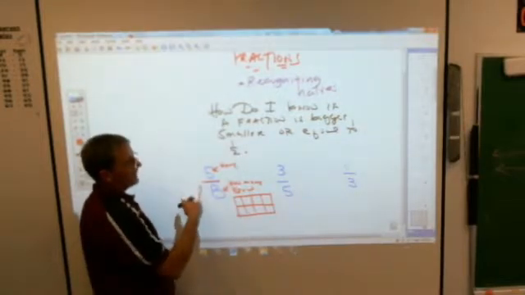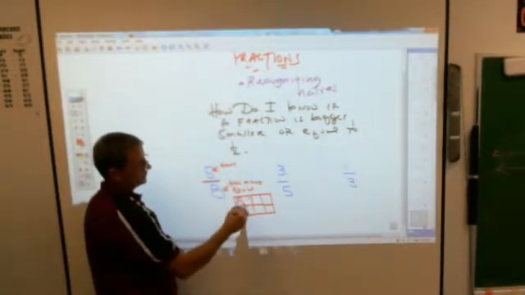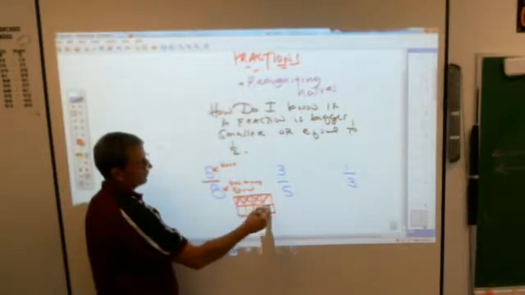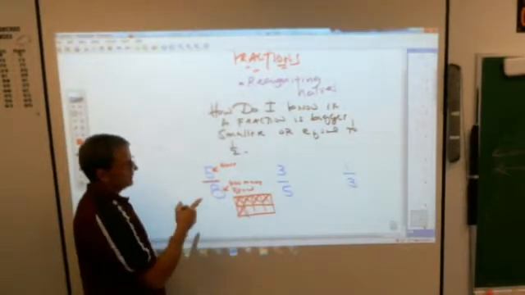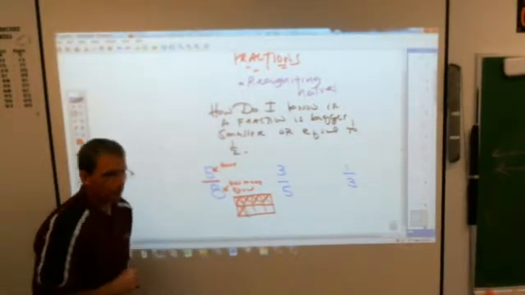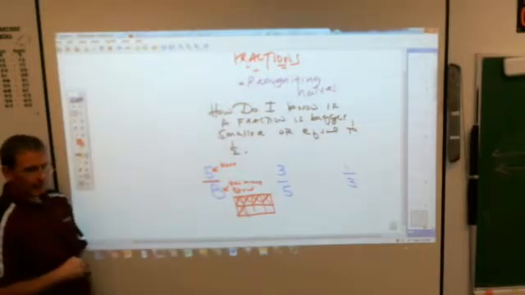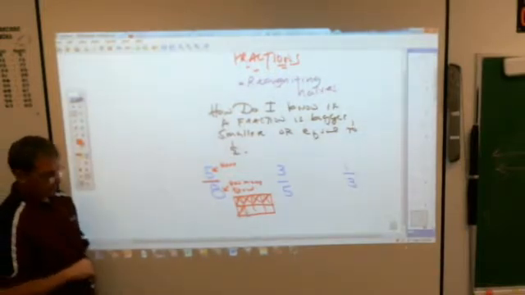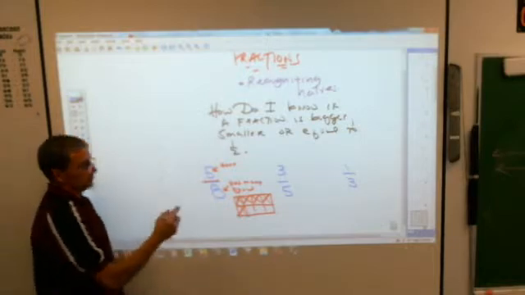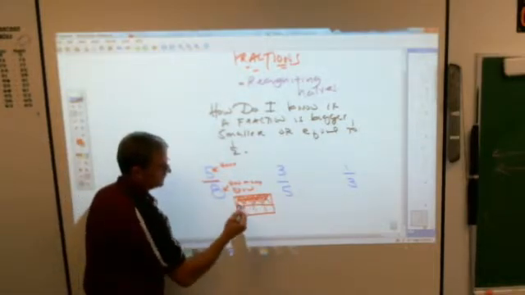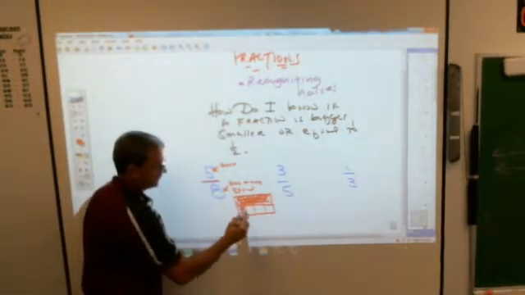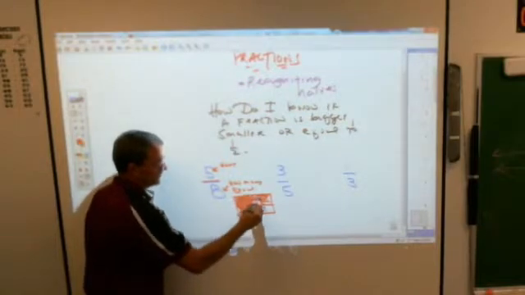Okay, if I have 5 out of 8, 1, 2, 3, 4, 5, will this fraction be more than 1/2 or less than 1/2, and why? I mean, if I was coloring this in, and I actually shaded in all of this stuff, do I shade in more than half of that rectangle or not, and why?